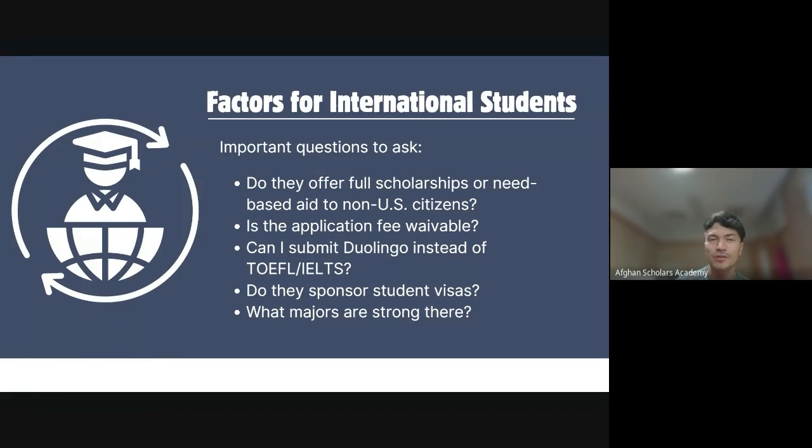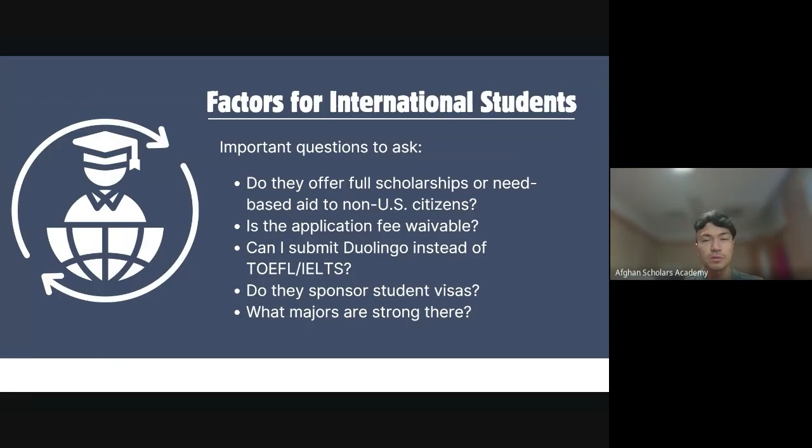Some of the questions that you should ask: do they offer full scholarships or financial aid to international students or non-US citizens? Some schools just don't, and you cannot push them to do it. Is an application fee waiver available? Some schools do have application fee waivers, so look for those.